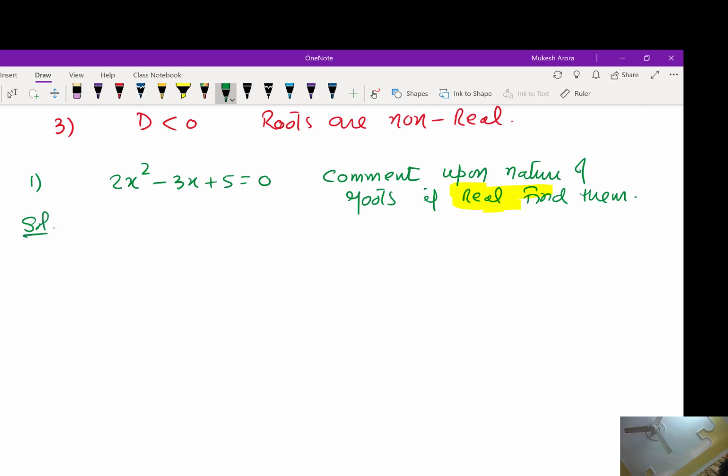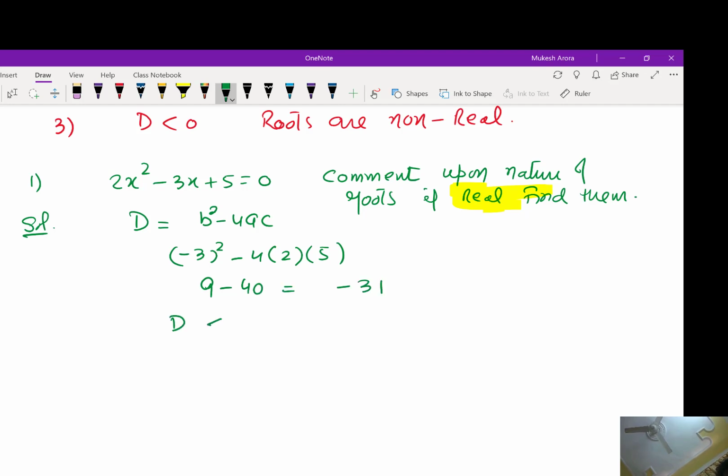So to find the nature of roots, we have to find D. As I said earlier, what is the value of D? Yes, the value of D is b square minus 4ac. So (minus 3) square minus 4ac, so this is 9 minus 40, which is equal to minus 31.